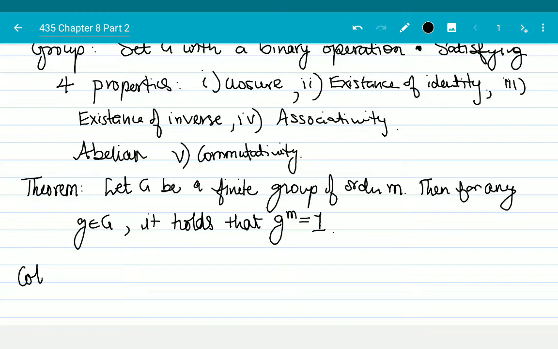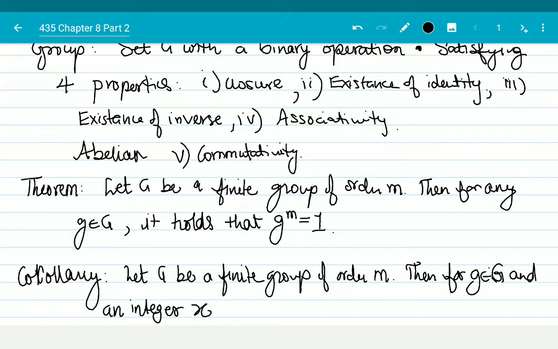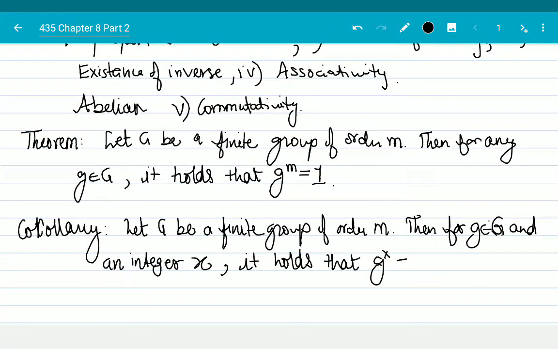A corollary of this is that, let G be a finite group of order M, then for g belonging to G and an integer x, it holds that g to the x is equal to g to the x mod M. Okay?